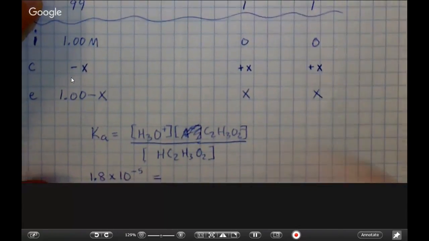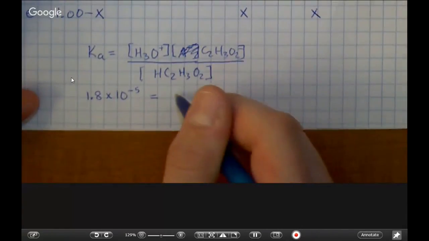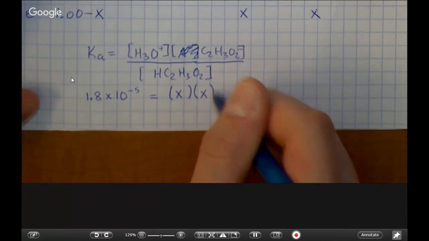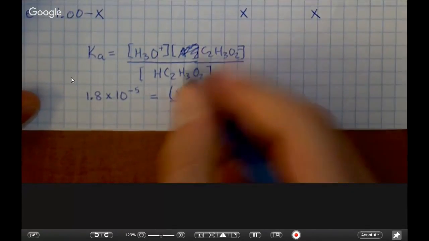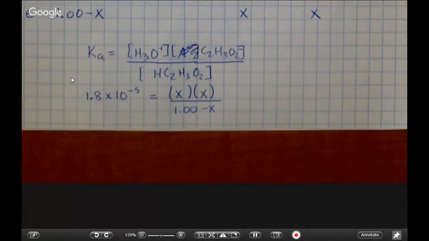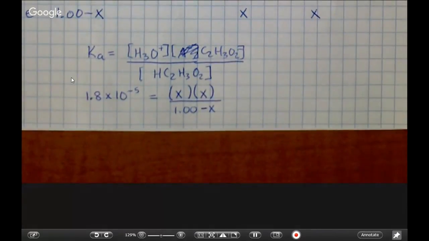And we say that this is equal to our hydronium we found to be X. Our acetate ion concentration at equilibrium is also X. And our denominator for the acid is 1.00 minus X. So we have the start of what could be a quadratic equation. But we're not actually going to do the quadratic equation.